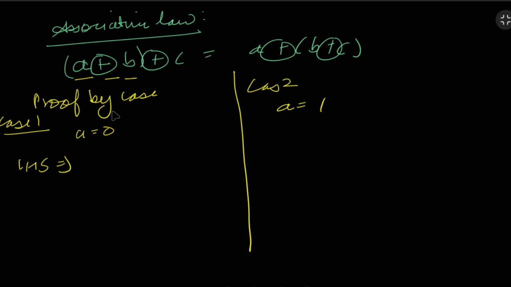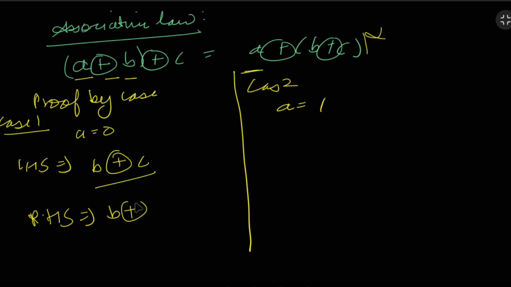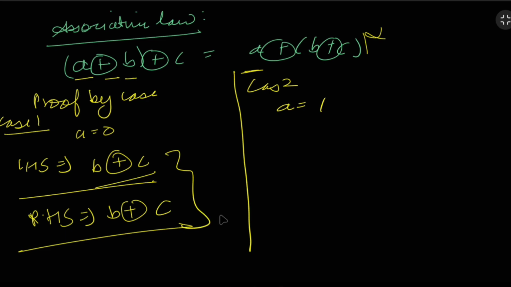B is 0, it will be 0. So it will become B exclusive or C. What is RHS when A is 0? Consider this as alpha. Alpha XOR 0 is your alpha. It is again B XOR C, and this is again same. You can see both of them are same.